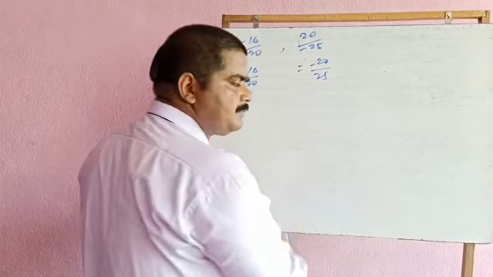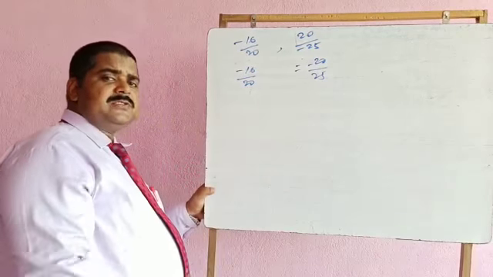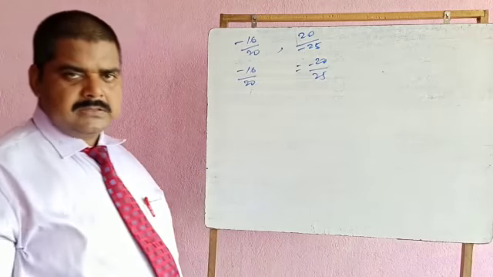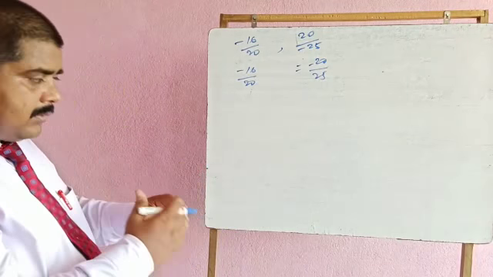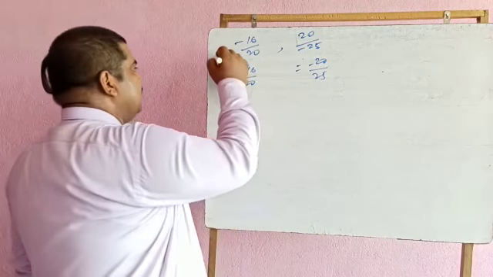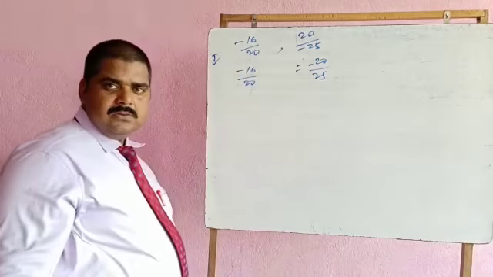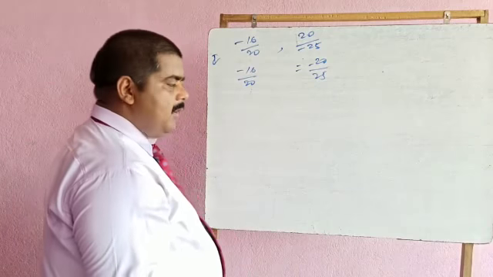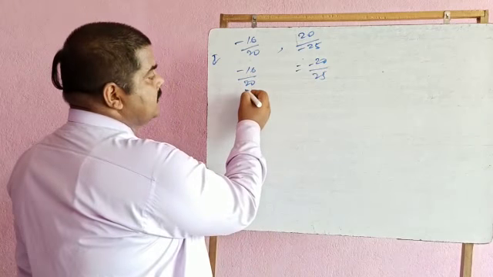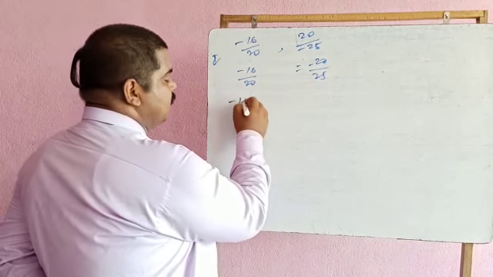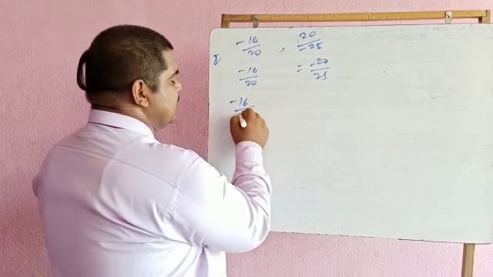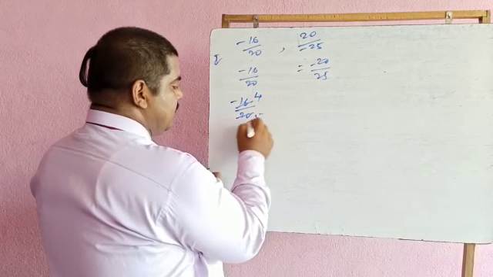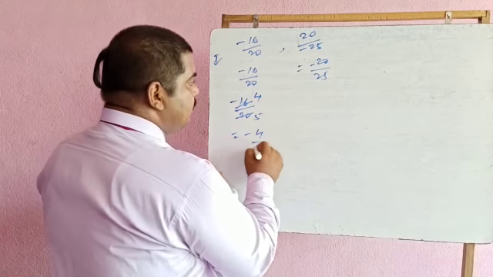Now one method is that you convert into simplest form and then compare both numbers. Minus 16 upon 20, when divided by 4, 4 4s are 16, 4 5s are 20, gives minus 4 upon 5.